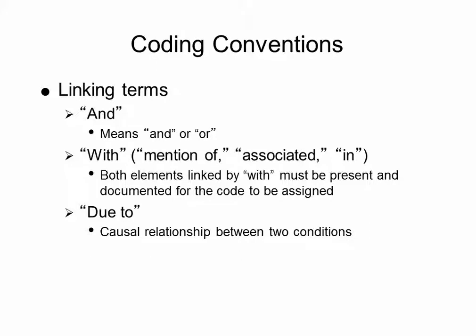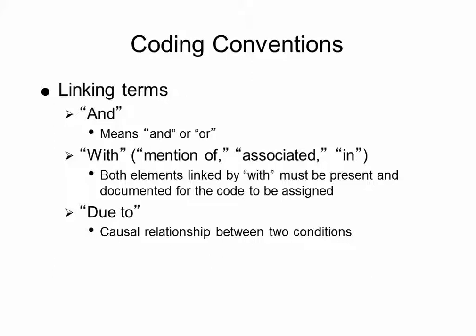Linking terms. What do we mean by linking terms? Well, that's just that, things that link something to something else. So, and means and, as in acute and chronic cholecystitis. But and can also mean or.